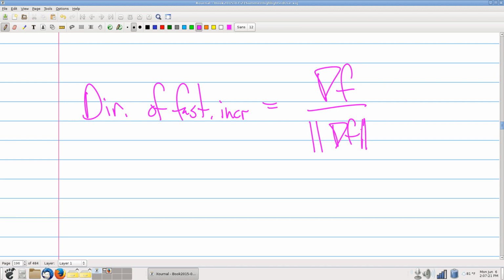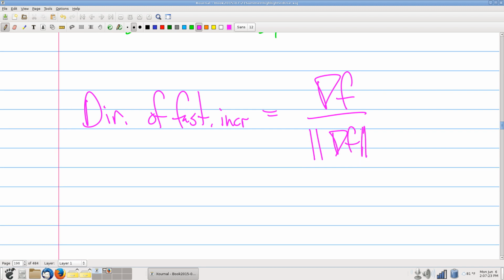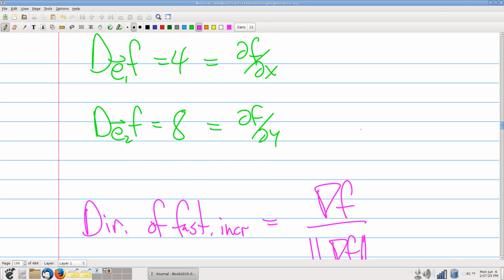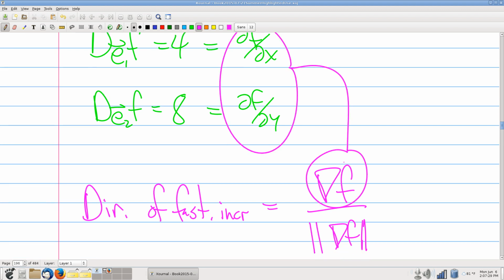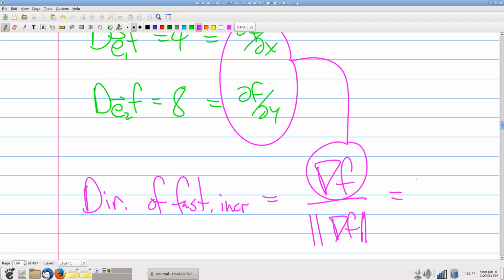So it's this, right? And that's the gradient vector, so what it really is is 4, 8 divided by the magnitude of that vector, which is this.